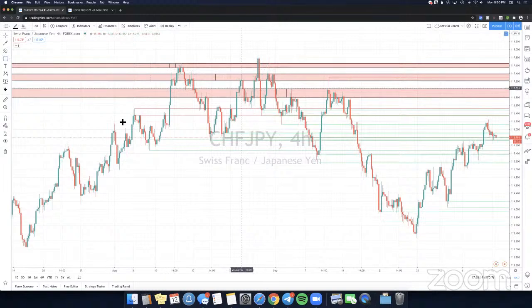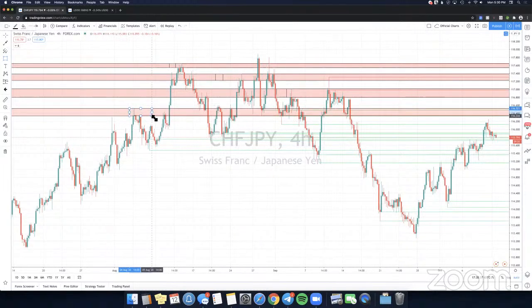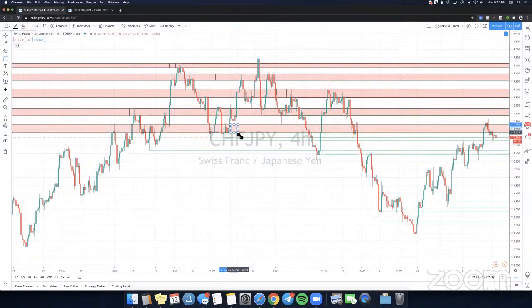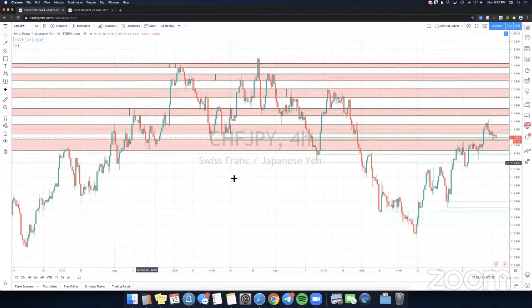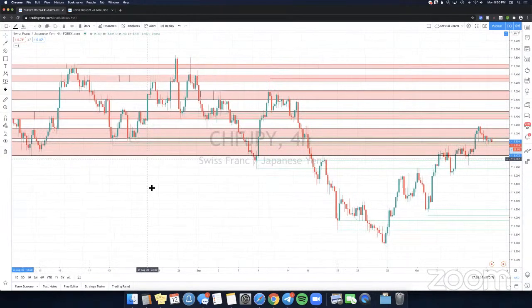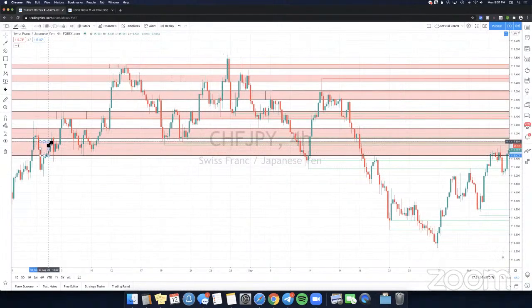So once I get down to the indices, I'll probably do those all together, and then I'll look at both US 30 and SPX. So this looks good.